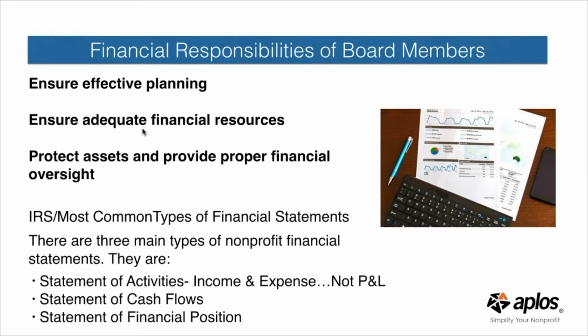Of those 10 qualities that I talked about for board members, I want to focus the rest of our time on these three: ensure adequate financial resources, protect assets, and provide proper financial oversight. And how do you do that? You do that by understanding, first of all, what your finances are, what they look like, and how to interpret them.